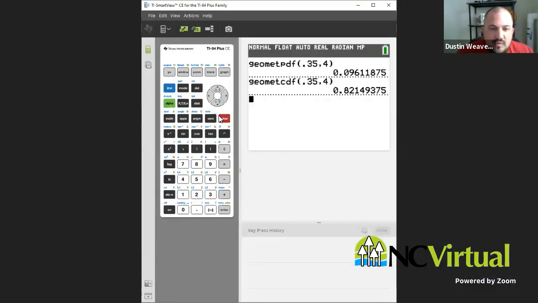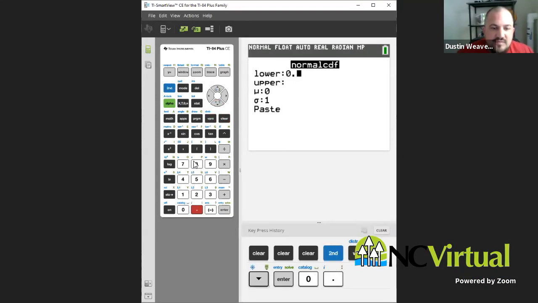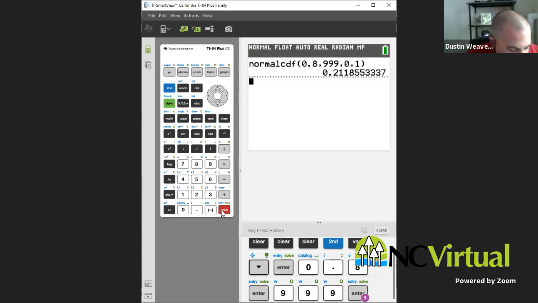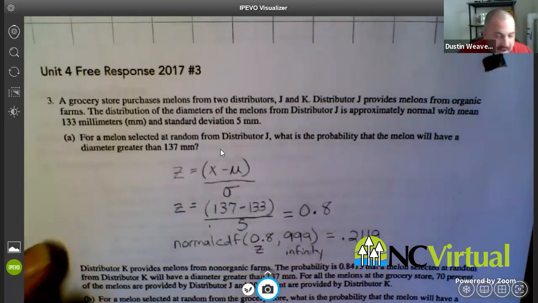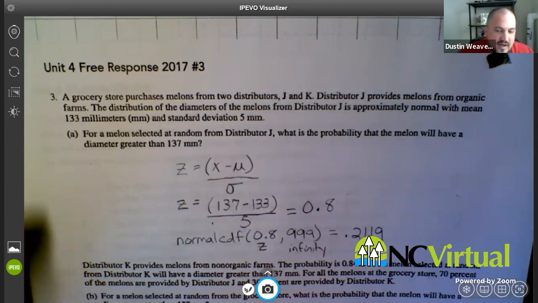So I pull my calculator up, we take the normal CDF, so second distribution, normal CDF, from 0.8 to 999. And we paste that, and that gives us a probability of 0.2119. There's about a 21% chance that the melon will have a diameter greater than 137 millimeters.